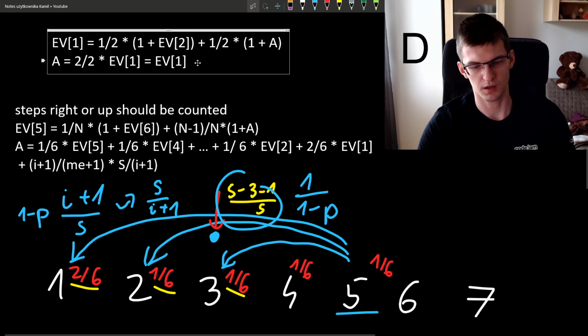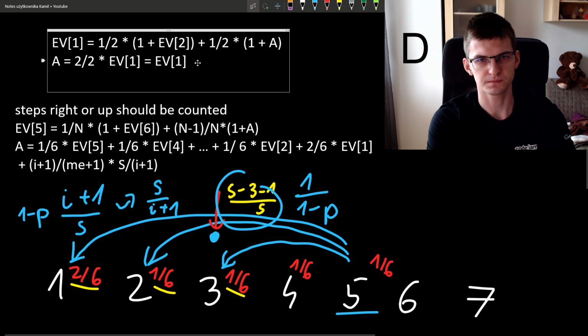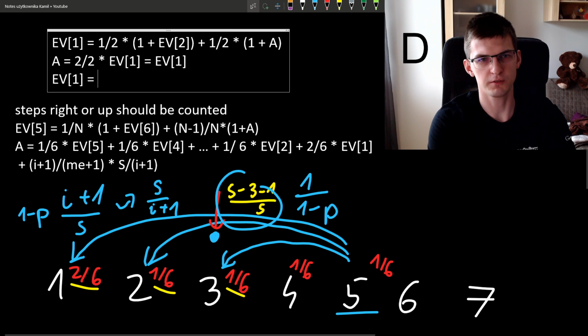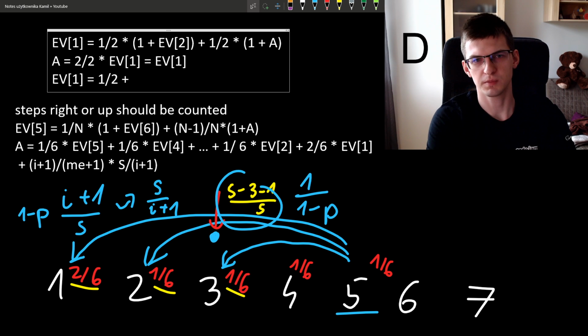Okay, let's make sure that if I say EV2 is 0, I know it is 0, then I'm getting EV1 is equal half times 1 plus 0 plus half times half plus EV of 1.